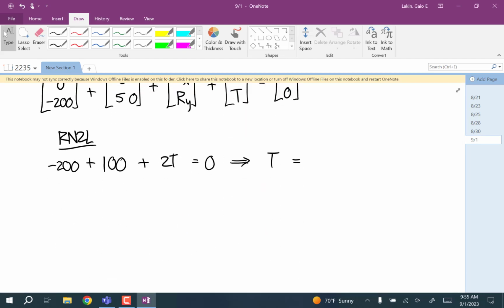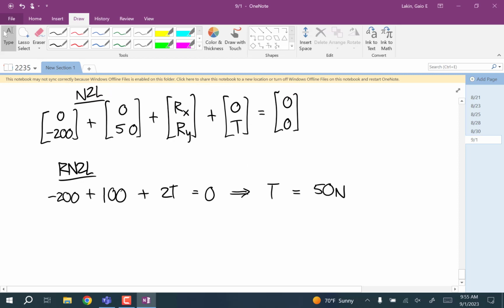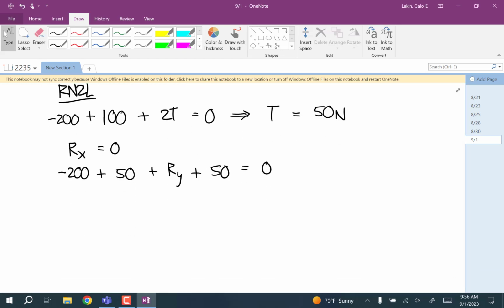Okay, so now 2t is equal to 100. t is equal to 50 newtons. Plug that back into Newton's second law. Rx is equal to 0. Ry, so let's see, we have negative 200 plus 50 plus Ry plus 50 is equal to 0. So Ry is equal to 100.